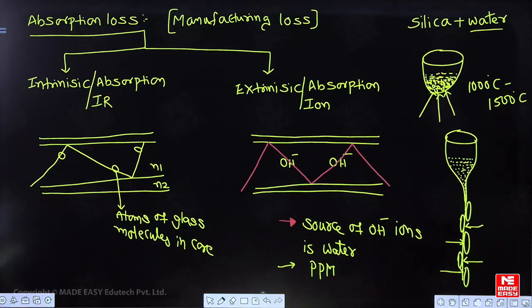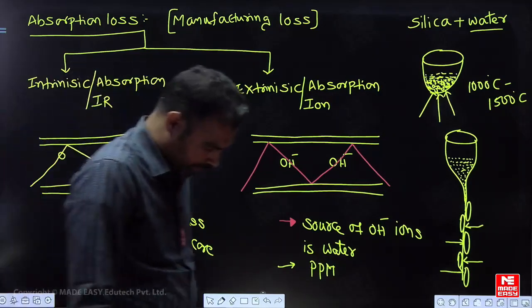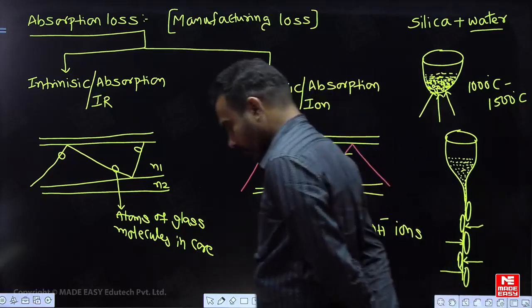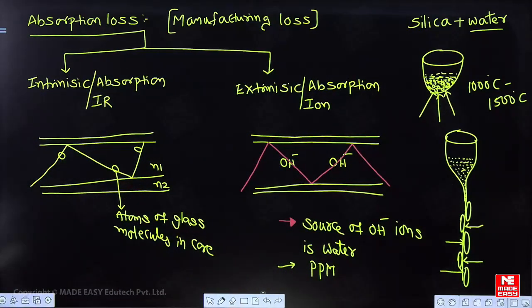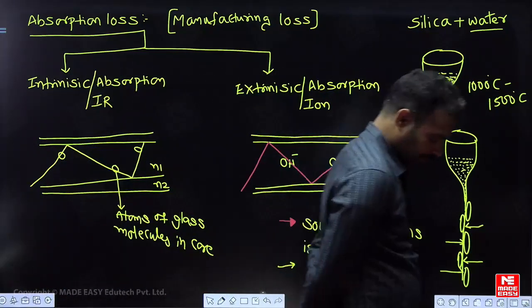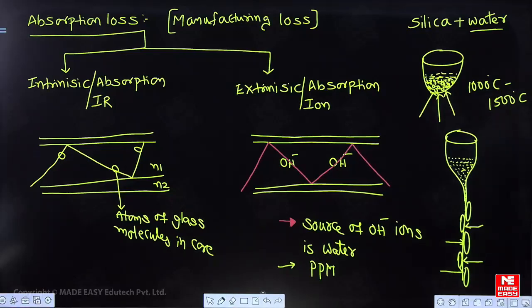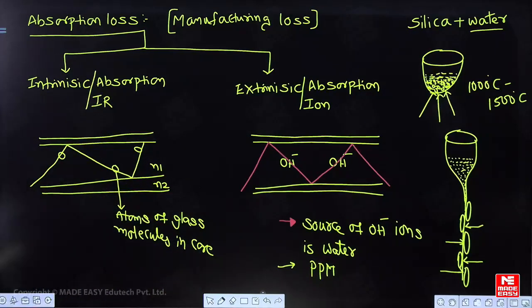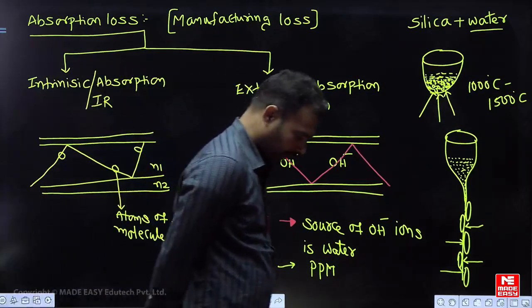The impurities in the fiber absorb the light and dissipate it in the form of heat.